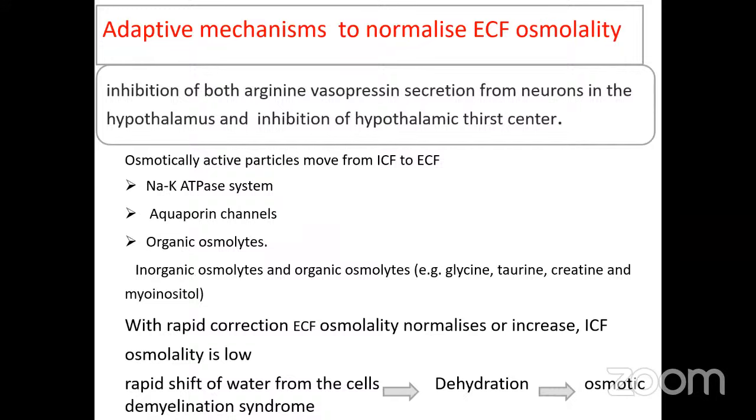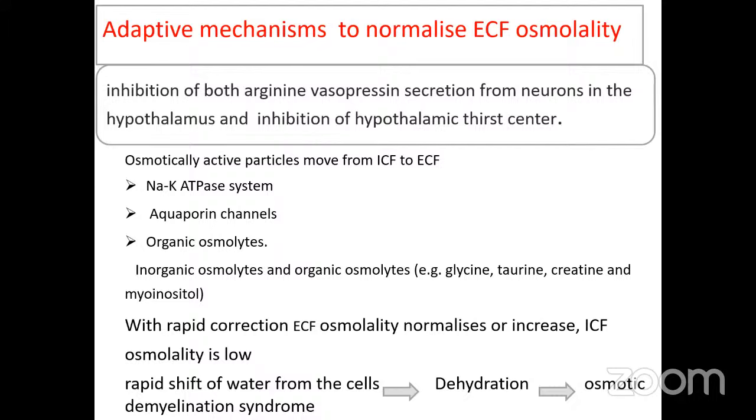Now, as time goes, the brain senses something is wrong. It tends to normalize the osmolality by synthesizing some inorganic osmolytes and organic osmolytes: glycine, taurine, creatine, myoinositol, and acetol. Initially, it sends sodium and potassium pumped out through the sodium-potassium ATPase system.